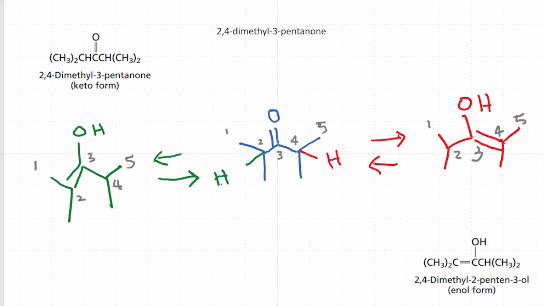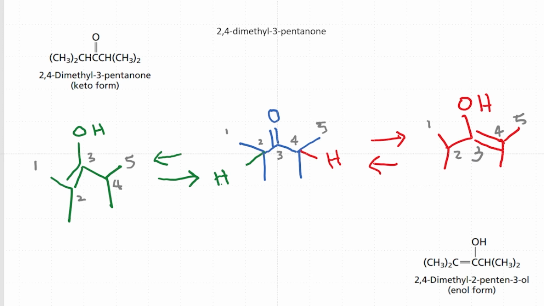So what we would expect is that this ketone has two ionizable hydrogens. If I number it as 1, 2, 3, 4, 5 carbons, in carbon number 2 there is an ionizable hydrogen, and in carbon number 4 there's an ionizable hydrogen, and either of these hydrogens can be involved in tautomerization or enolization, and you end up with either the enol between carbon 3 and 4 or the enol between carbon 2 and 3.